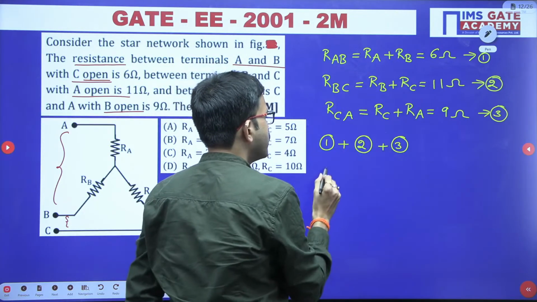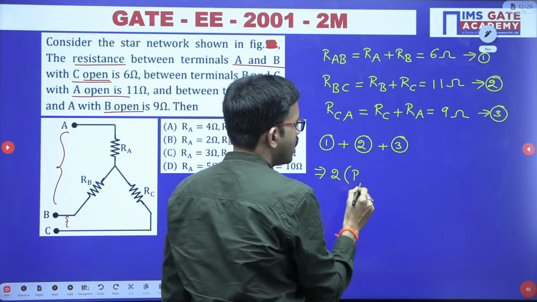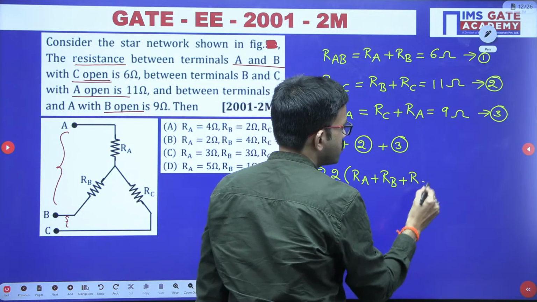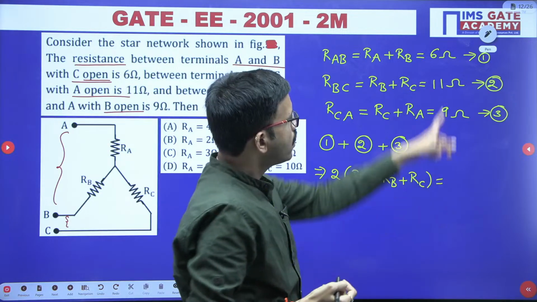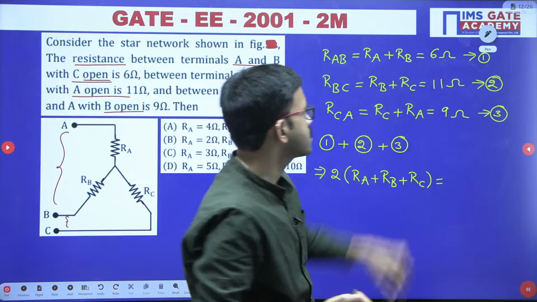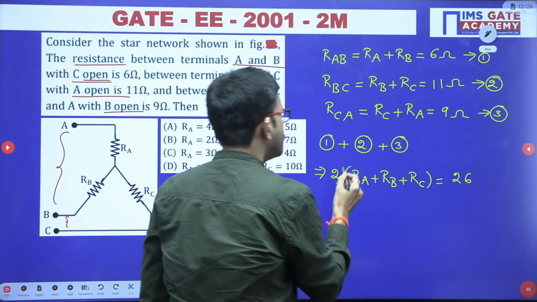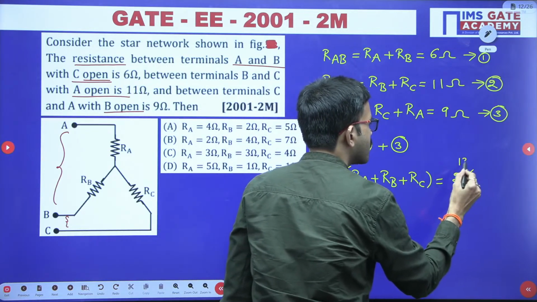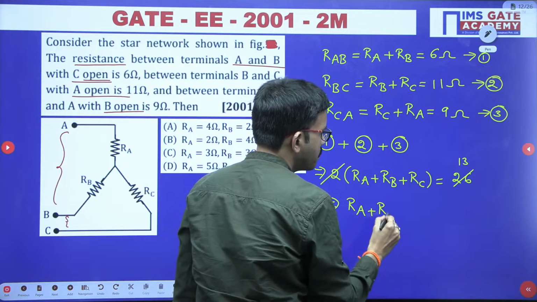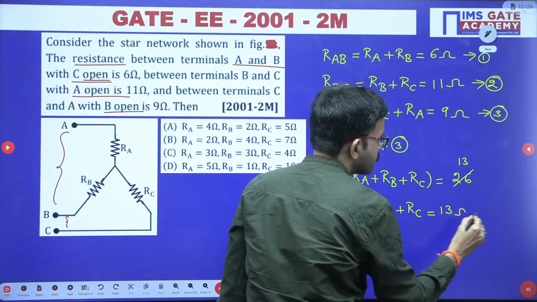So I am taking 2 as common: 2 into RA plus RB plus RC, which is equal to, now add all the three on the right hand side. 11 plus 9, 20, 20 plus 6, 26. So 2 into, 13 times. So from here we are getting RA plus RB plus RC is equal to 13 ohm.